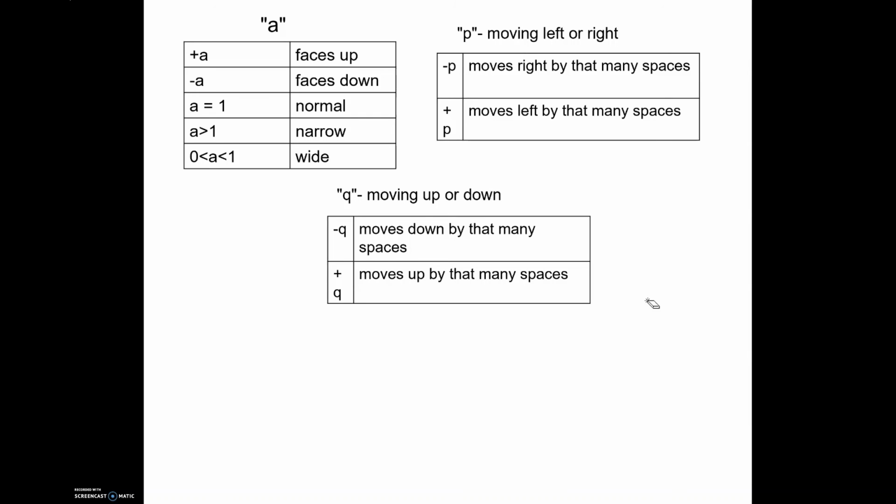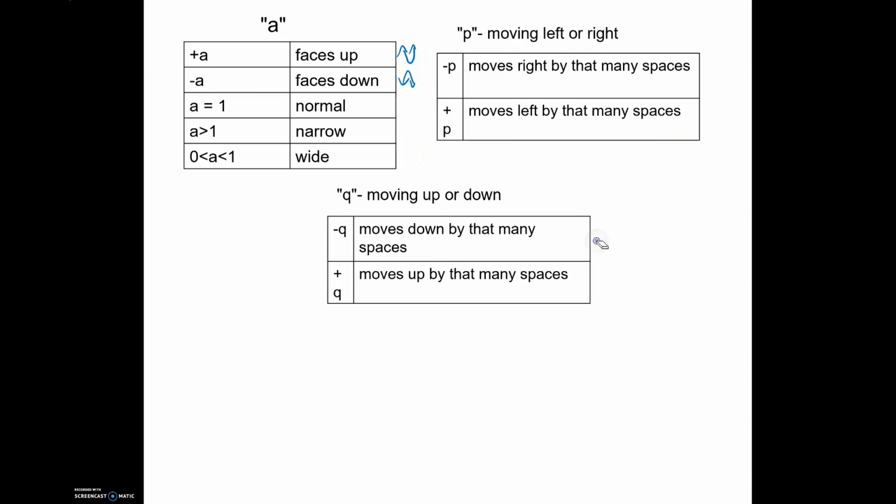If it's a positive, the graph faces up. So here's my graph opening up. If it's a negative, it opens down. If it's 1, it's a normal width.